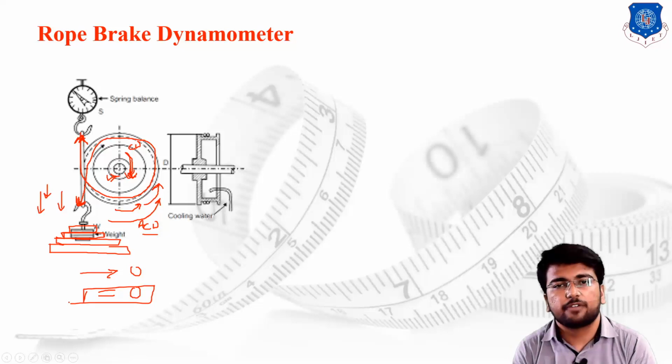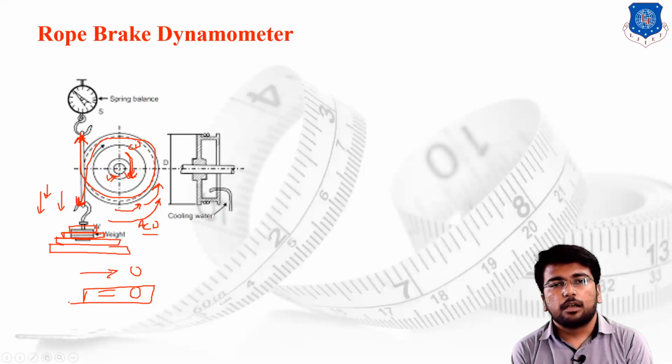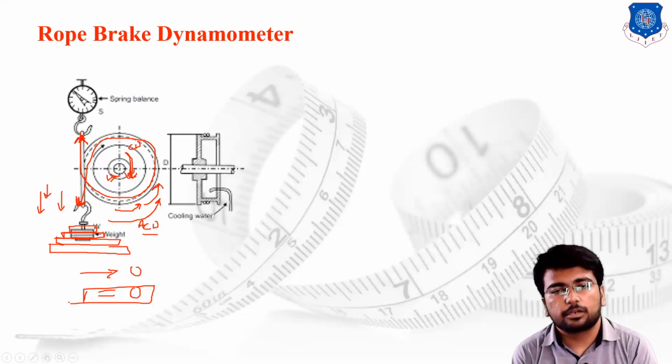Once the speed of the shaft becomes 0, the wheel will automatically stop. Whatever resistance or reaction is generated inside the wheel, we simply note down, and by multiplying it with the radius of the wheel, we can easily calculate the torque, or the shaft power, of the wheel.